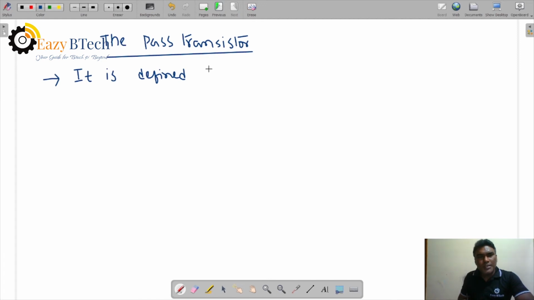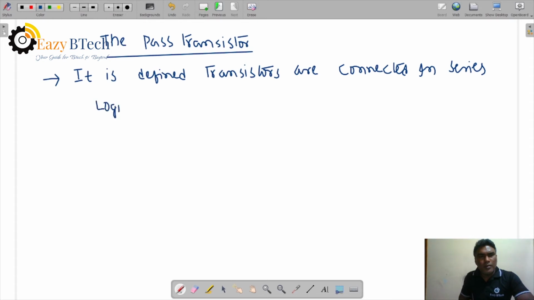Transistors are connected in series. Transistors are MOS transistors. Transistors are connected in series. Logic signal pass through is called as a pass transistor.